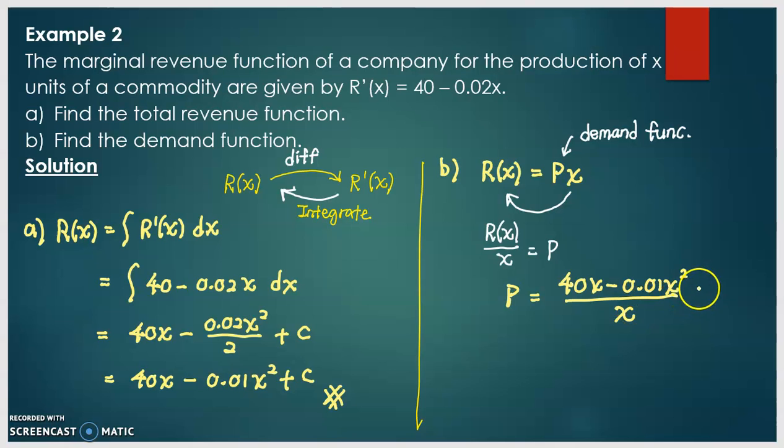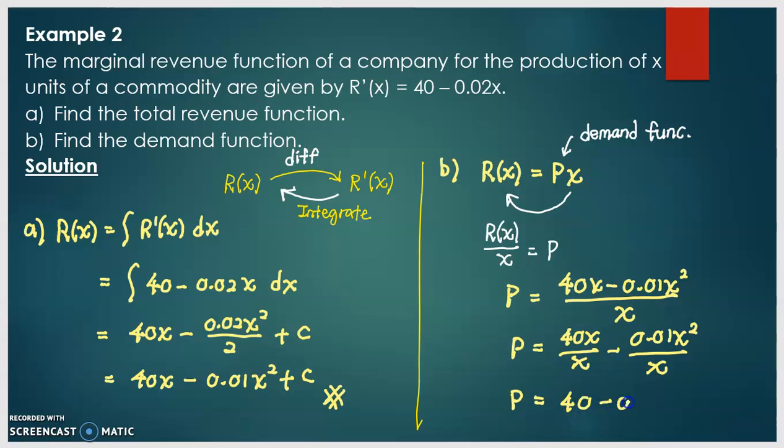So P, the demand function, 40x over x, dia sama dengan average revenue function, minus 0.01x squared over x. I try to simplify. P is equal to 40 minus 0.01x squared divided by x is x.